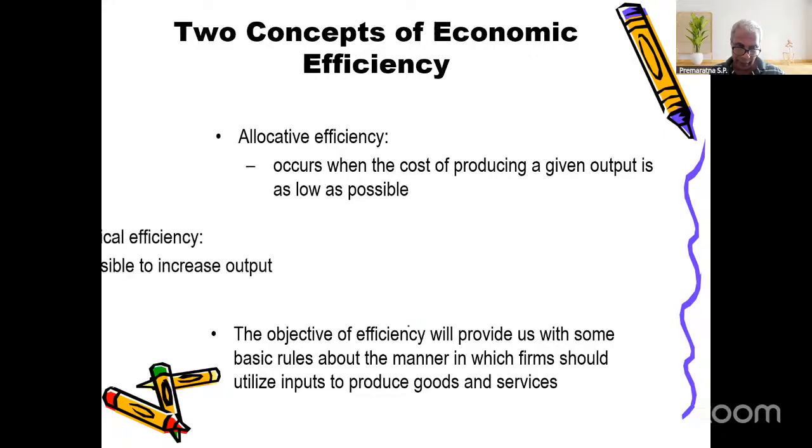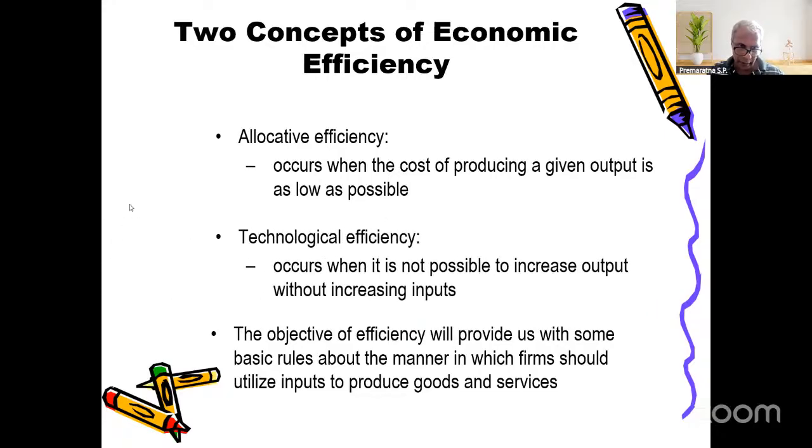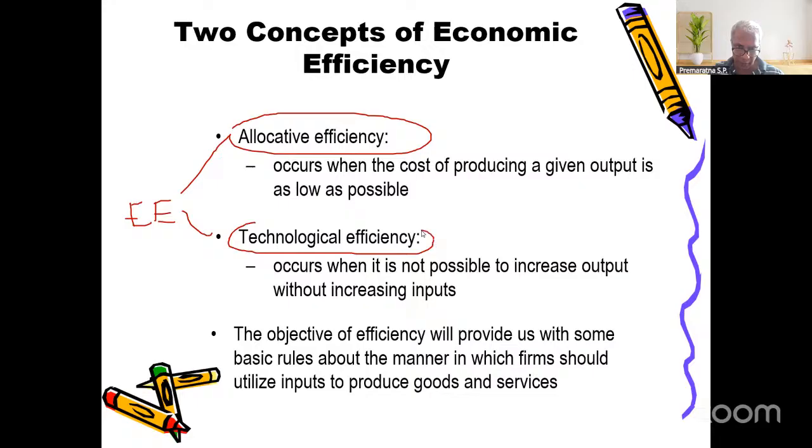And economic efficiency, like I said, has two components. One is allocative efficiency, related to cost, how the budget is used efficiently. The second is technological efficiency, how the resources are used efficiently. With the combination of these two, we can reach economic efficiency.